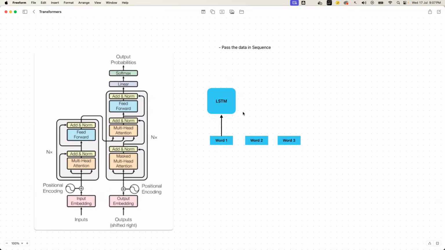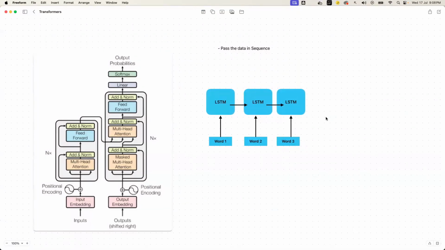I'll be sending this word to this LSTM, then I'll be sending the next word over here, and it will be sent to the LSTM, and apart from that, we'll also have a connection over here, which says that there is a connection from one LSTM cell to another LSTM cell. That means when I'm processing the second word, I'll be getting the hidden representation from the previous LSTM as well as the current word. And this process would repeat for multiple steps. This is how we will have these kinds of connections present over here.